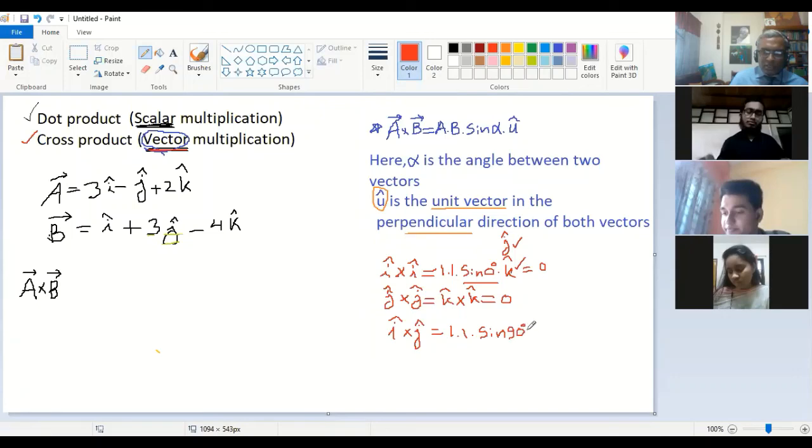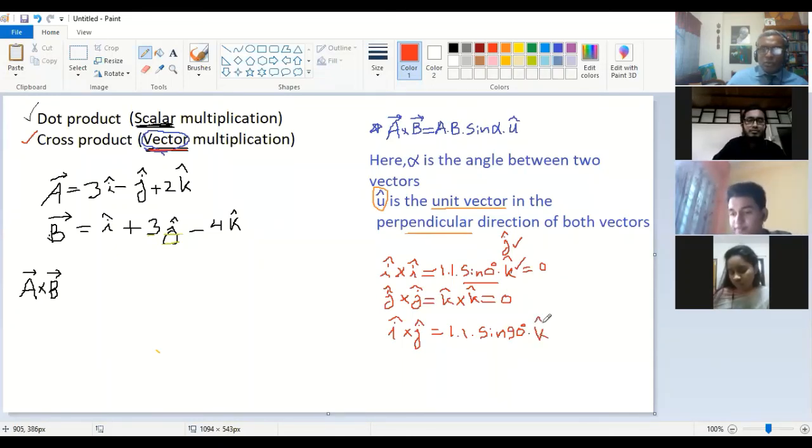So sine 90 degree, and what will you put here as u? k. It is correct, because that should be perpendicular to both x and y. It is actually the z axis, it is actually k.